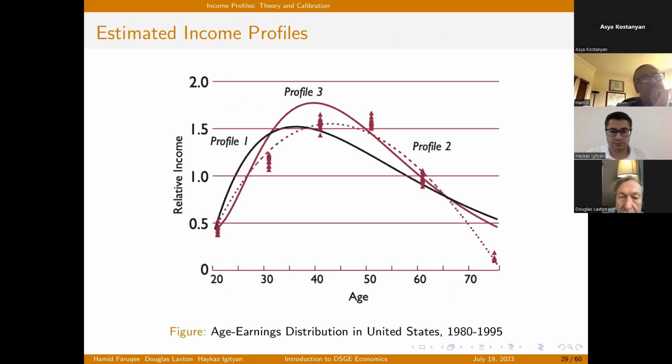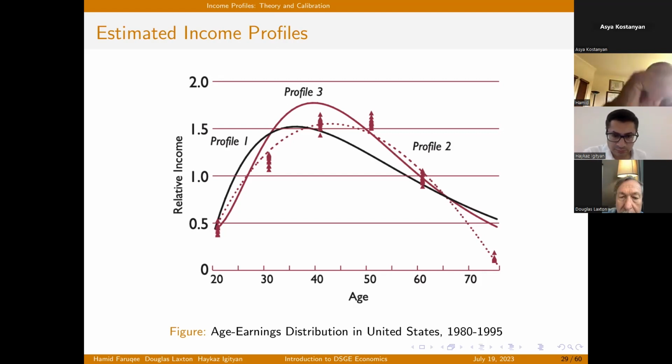So this just shows you, from those previous estimates in that table, what the age earnings profile fits look like. Let me just stay away from the lines, which are the estimated age earnings profiles, and I'll just focus on the triangles there. Those triangles show you the relative incomes of different age groups for the US, their labor earnings at different ages from 1980 through 1995.